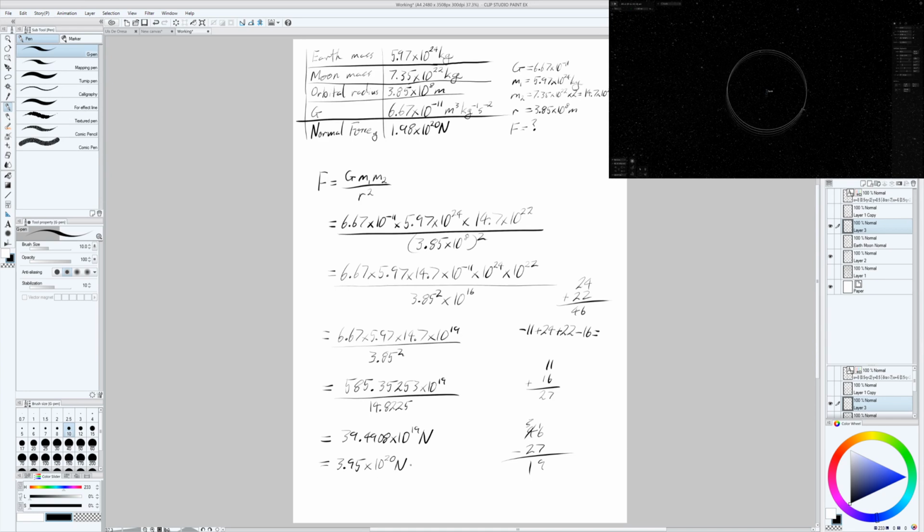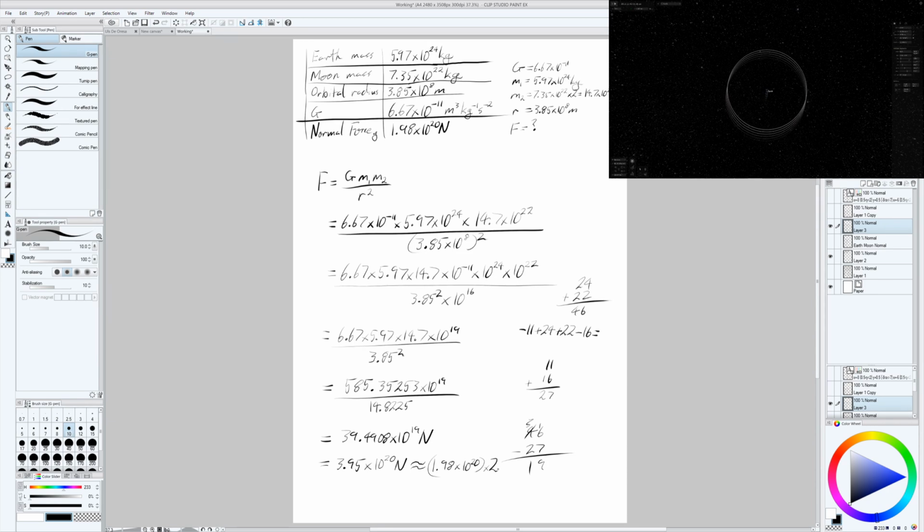Now we can say that that is approximately, and if there were no rounding it should be exactly, 1.98 times 10 to the 20 all times 2, which is about right, because 1.98 times 2 would end up being 3.96.